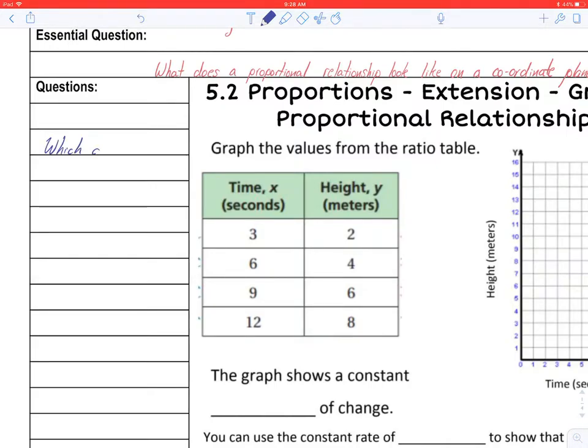Which direction do the x values travel? What about the y values? To answer that question for you, x travels horizontally.